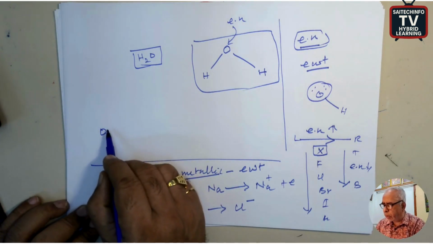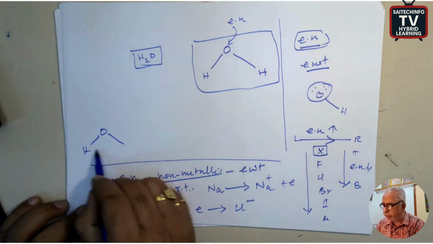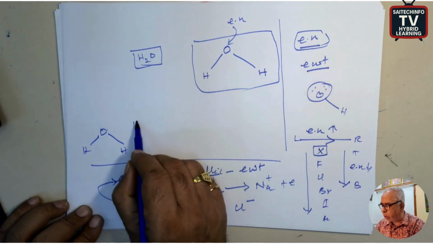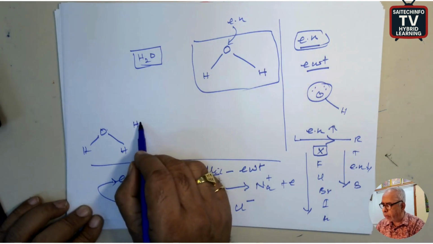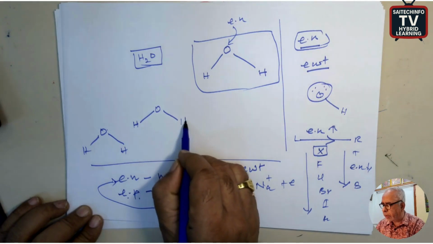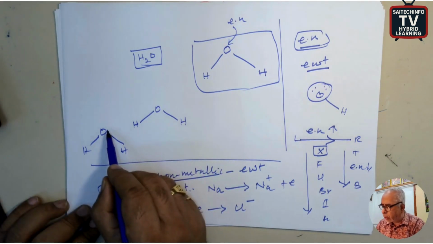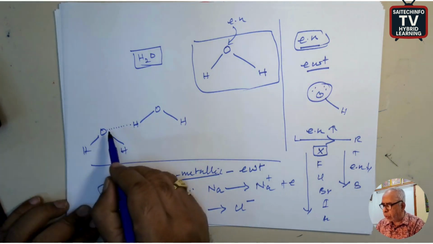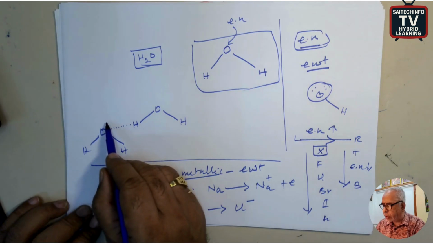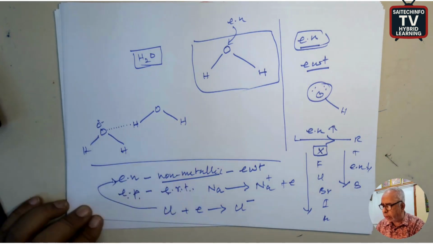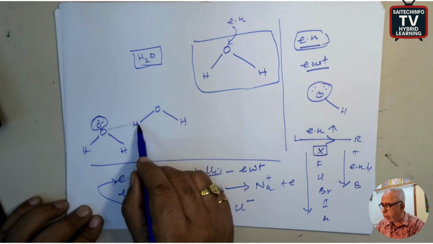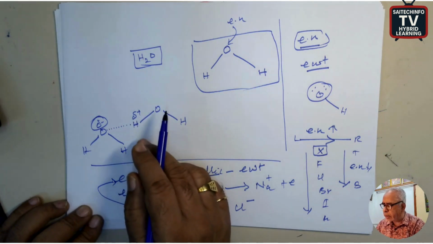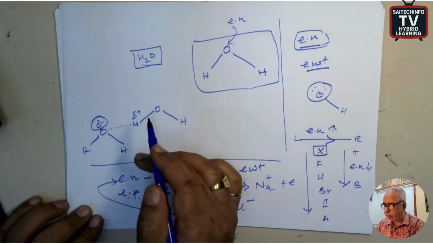For example, you have hydrogen here and O. Now, this is another molecule of water where you have oxygen, hydrogen, hydrogen like this. Now, there is a development of bond. This is of electronegative nature, so it can withdraw electron. So delta minus. And this is delta plus because hydrogen is electropositive in nature.